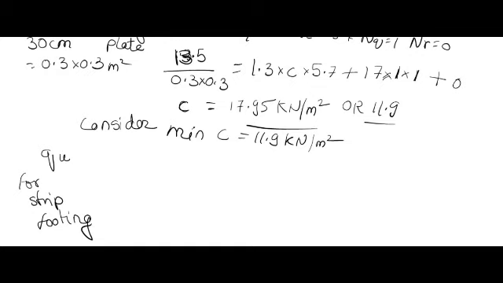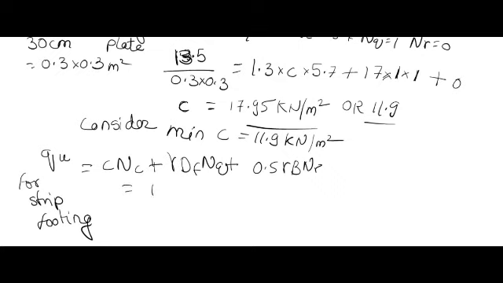It is given as C NC plus gamma Df NQ plus 0.5 gamma B N gamma. So the coefficient is 11.9, NC is 5.7, plus 17.